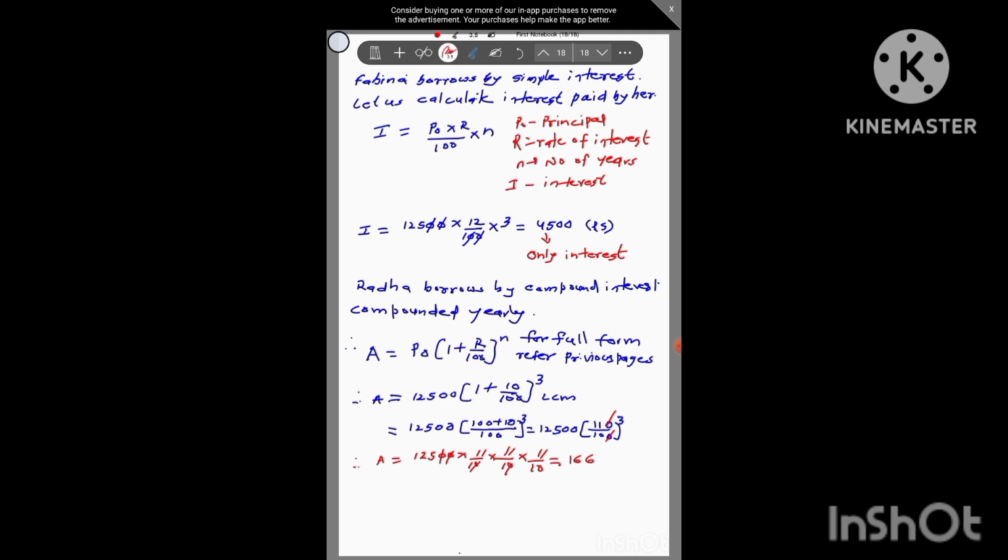See, in this case you are getting an amount of 16657.5 rupees, and we have to find out the interest, who paid more. So the interest will be this minus the principal. So this is the interest he paid.